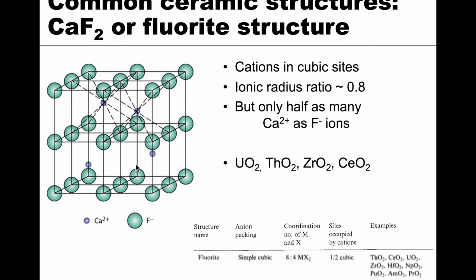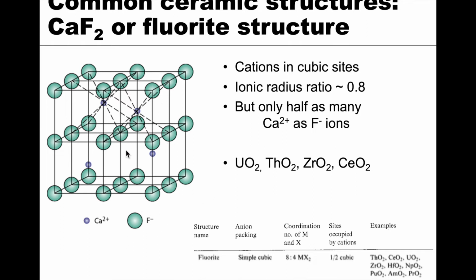In this case, the radius ratio is about 0.8. The cations are very large. If you look at all these things like uranium, cerium, these are all really heavy metals and really large metals. But the calcium in this case, or any of these, are still quite small relative to the fluoride that we see.